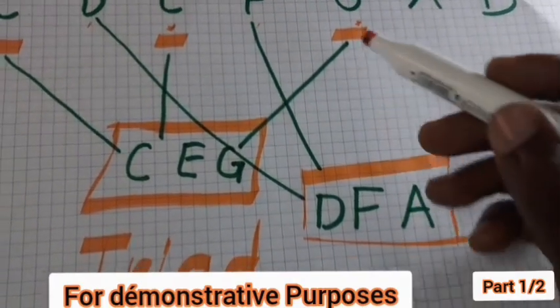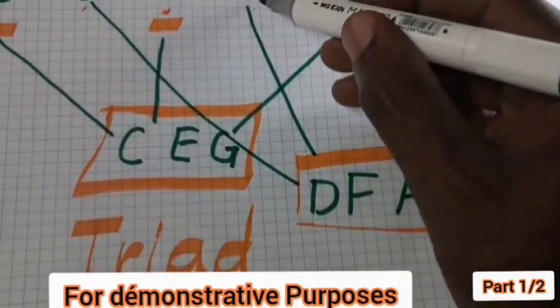If you ask what is the triad of F, for instance.